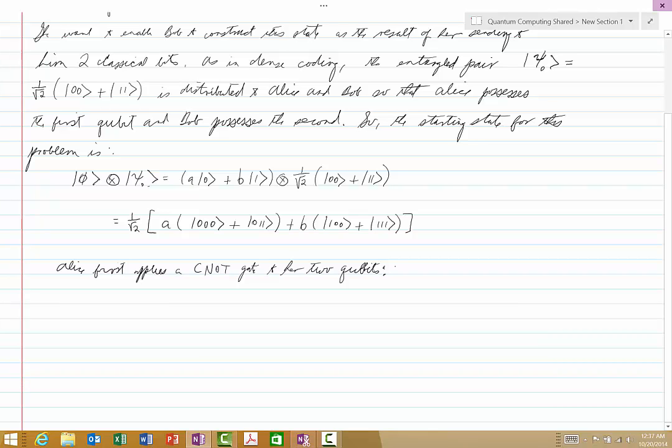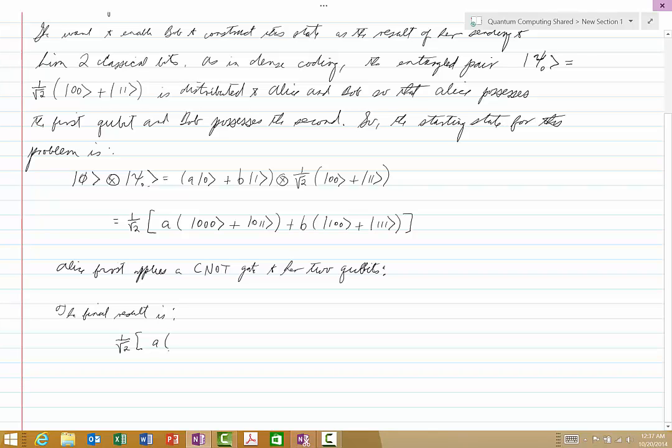Now, when she does this, let's see what the final result will be. Okay, we'll just bring down the 1 over square root of 2 and the A.